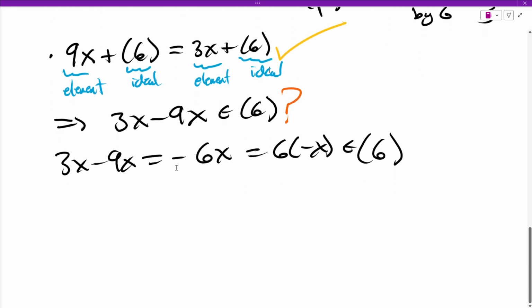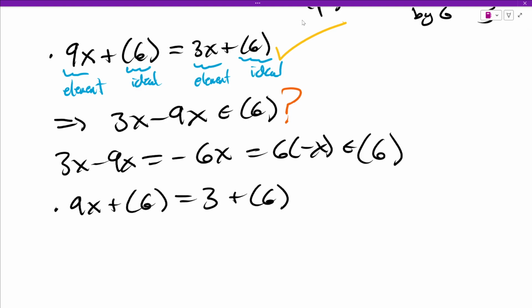Okay, so let's do another example. Let's look, for example, at 9x and 3. So is it true that 9x plus 6 is the same as 3 plus 6? Well, this would mean that 3 minus 9x is in 6, which means that 3 minus 9x is a multiple of 6.